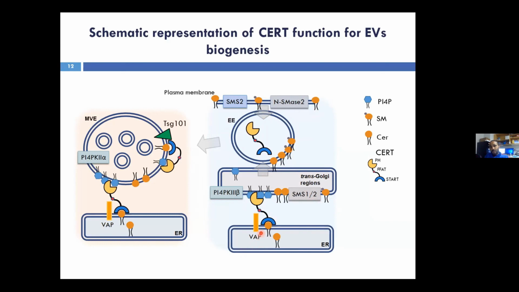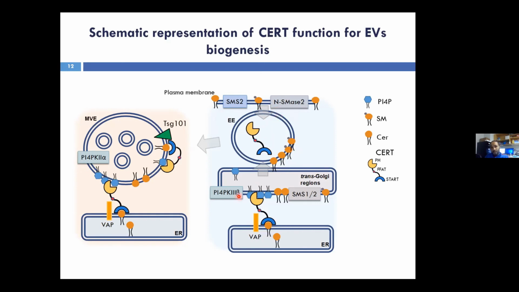It's an indirect pathway because it needs CERT to first relocate ceramide to the trans-Golgi, where it can then be converted or not to sphingomyelin, entering then the endosome and potentially the sphingomyelin or the ceramide being substrate for SMS2 and the neutral sphingomyelinase 2.